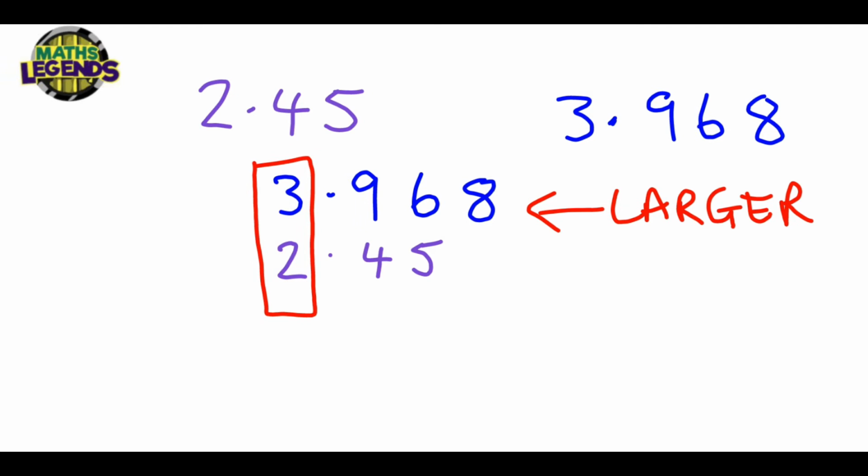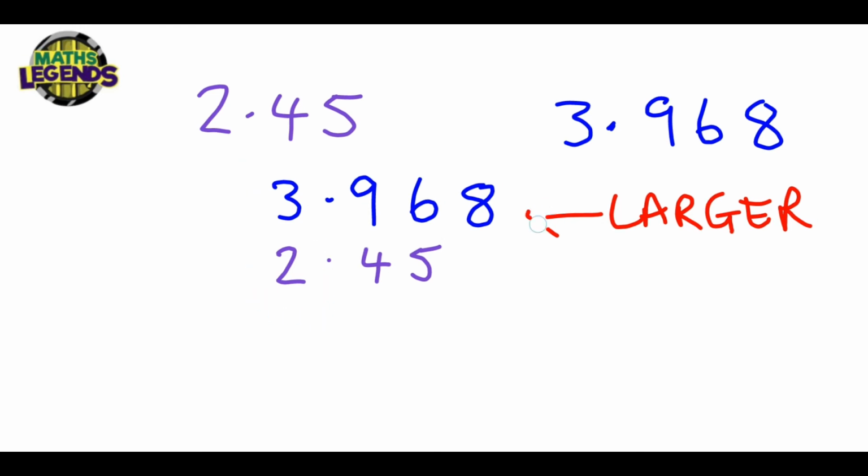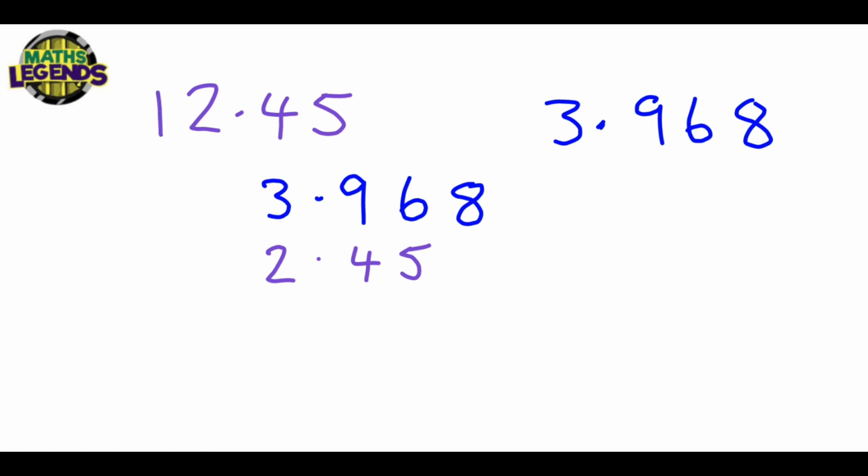So in this question, if we change the number slightly and say, instead of 2.45, we have 12.45, the same approach applies, except that we need to put 1 here now because we've got a 12.